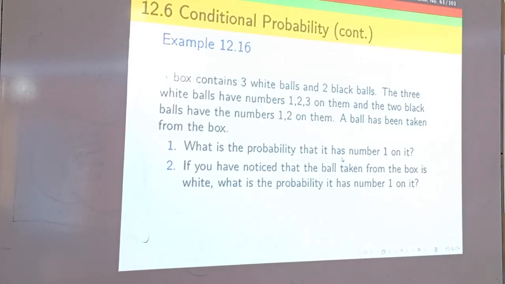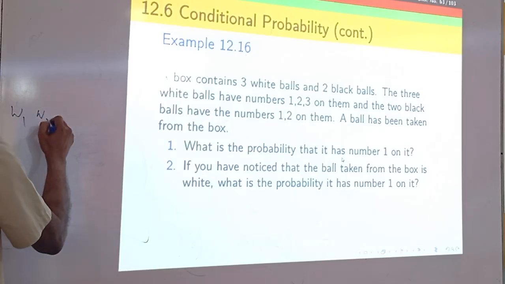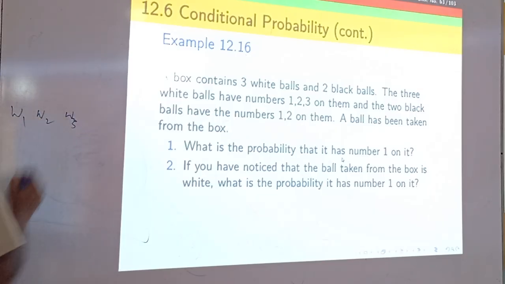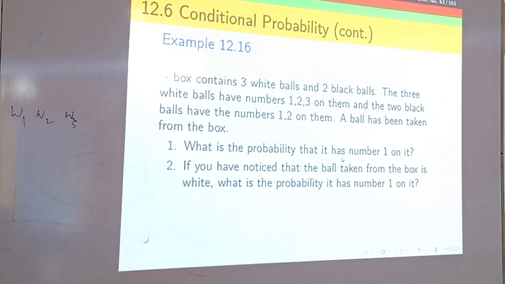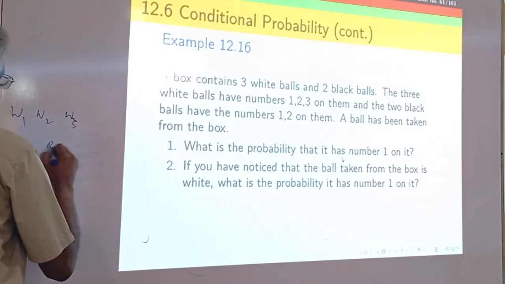A box contains 3 white balls and 2 black balls. The 3 white balls have numbers 1, 2, 3 on them. So let's say W1, W2, W3 for example. The 2 black balls have numbers 1 and 2 on them, B1, B2.